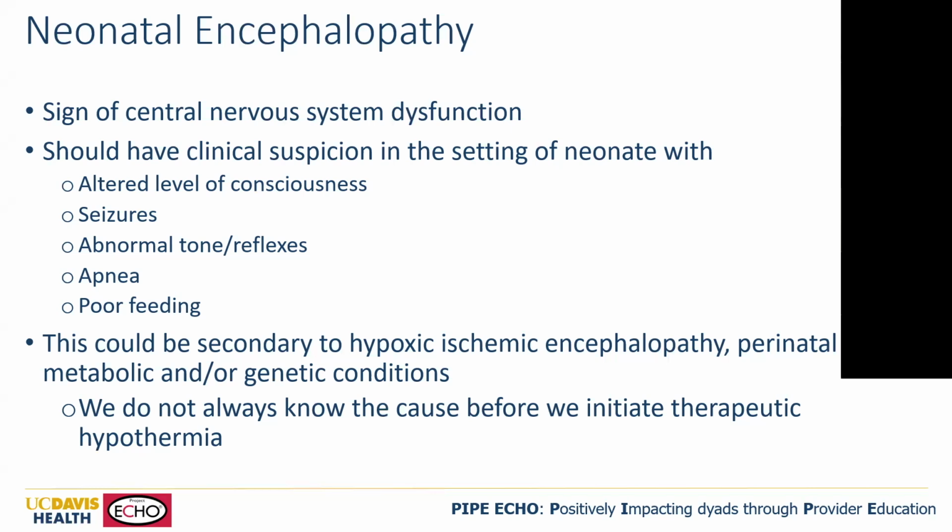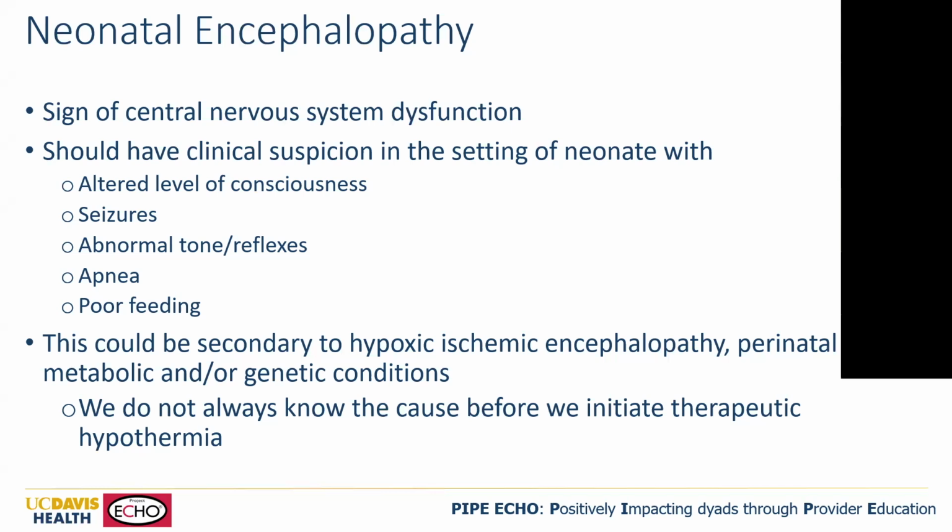Abnormal tone is a big one, and then abnormal reflexes like Moro, suck, things like that. Apneas or forgetting to breathe, and poor feeding, which is one of the few jobs that they have, right? So if we're talking about basic functions plus their feeding, that's something that we can sometimes see.